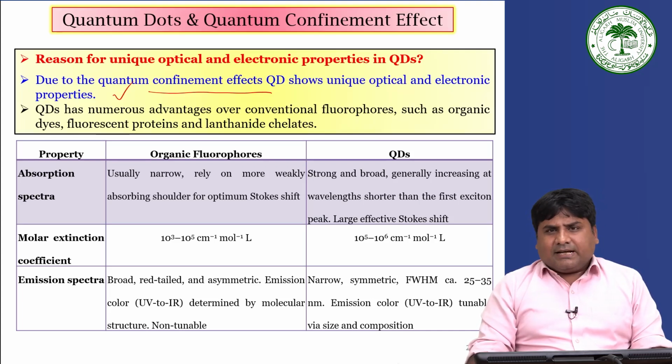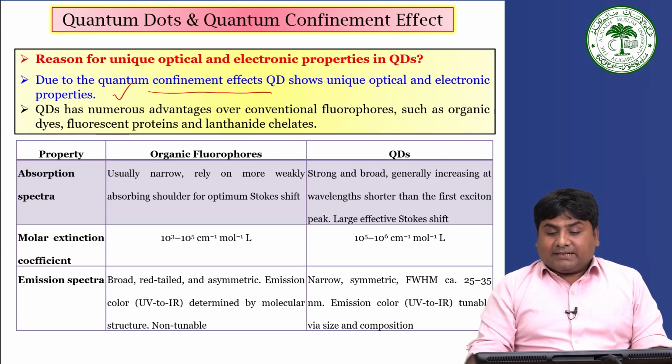In the previous lecture, I already told that quantum dots have versatile applications, and have very potential application in different fields. So now, what are the advantages of quantum dots over conventional fluorophores such as organic dyes, fluorescent protein, lanthanide complex, like that. The first one is the absorption spectra.